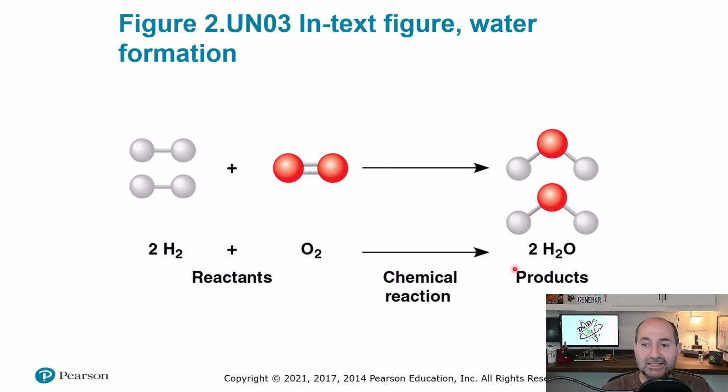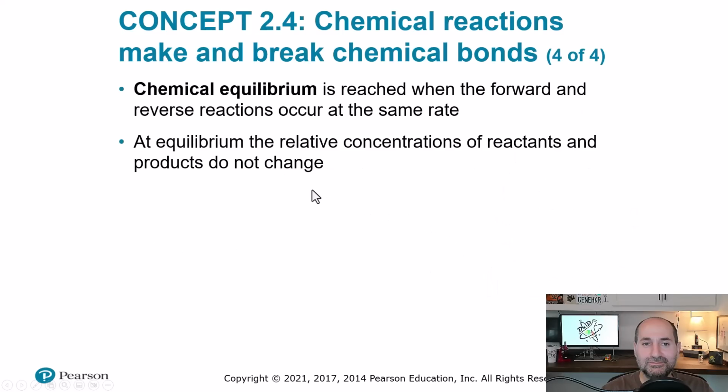Then they react, rearranging their bonds to form water, two water molecules. These are known as the products on the right side of the arrow. Chemical equilibrium is reached when the forward and reverse reactions occur at the same rate, so you would see an arrow going to the right and an arrow going to the left.